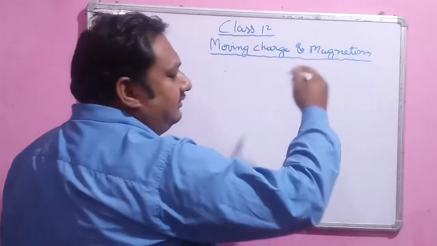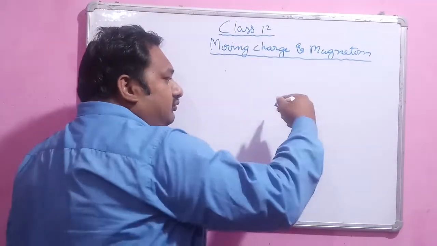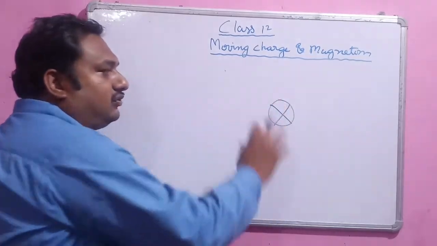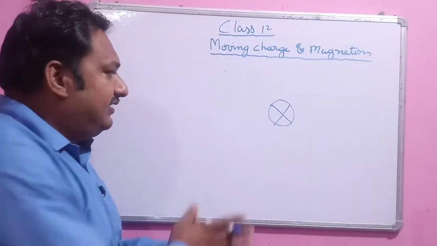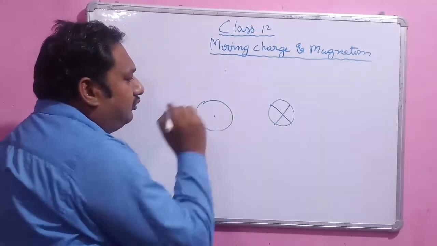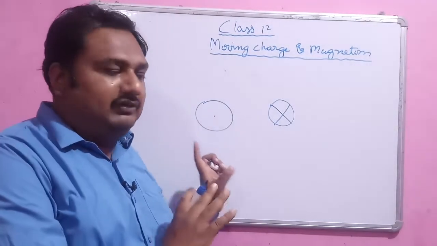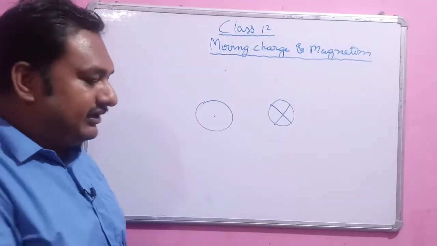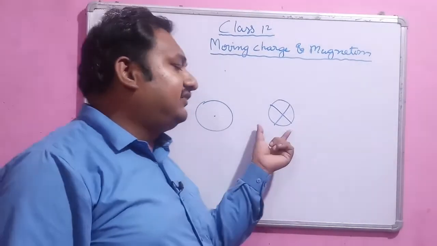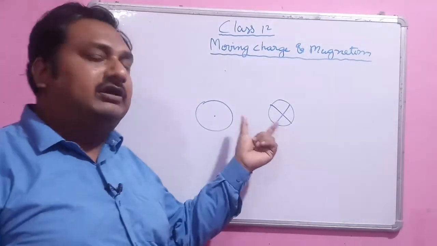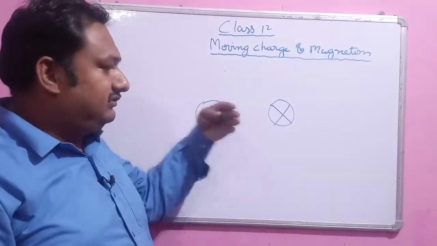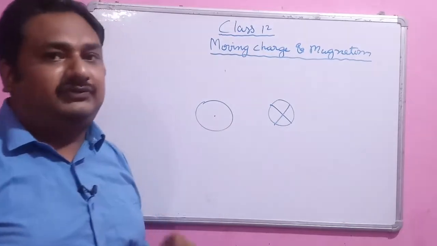When the magnetic field goes into the board, we will denote it by a cross, a circle with a cross. And whenever the magnetic field is coming out of the board, we will denote it by a circle with a dot. So here we will follow this sign convention.